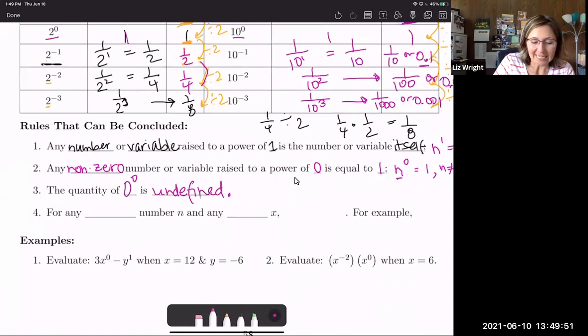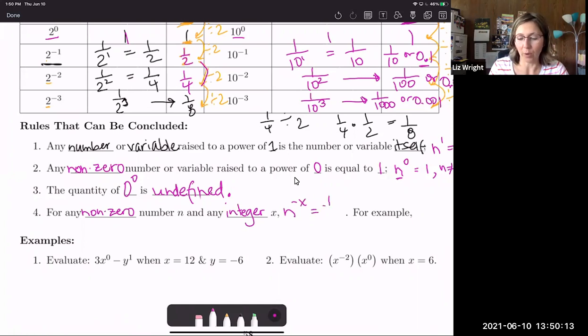And then for any non-zero number n and any integer, think about what an integer is, any positive or negative whole number, we're going to have n to the negative x. What will that equal? What's another way we can write that?